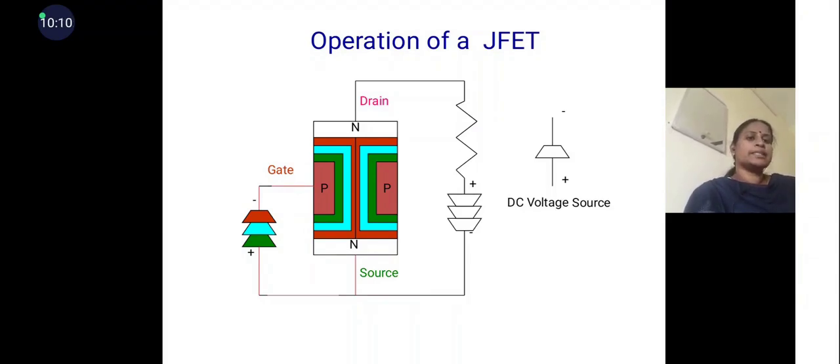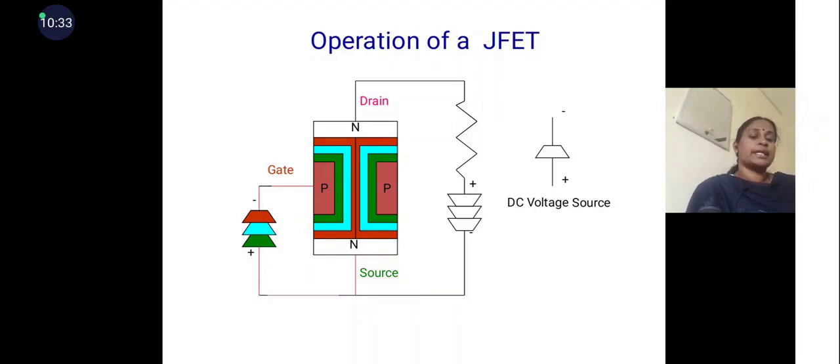From this case we can understand that if the gate is fully open, the current from drain to source will be high. If the gate voltage is given to the JFET, then the channel width is getting reduced, due to which the current flowing from drain to source will be reducing.